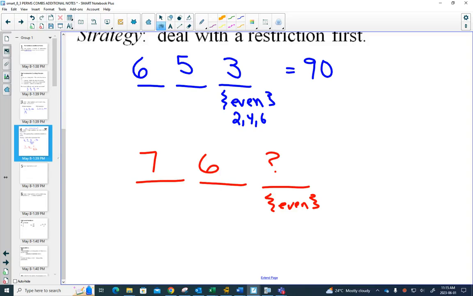I say, well, what happens if you accidentally used up the 2? You could have used up the 2. You could have used up the 4 already, but you don't know. By putting the 7 and the 6, it says you've used up 2 numbers, but you don't know which 2 numbers. So you are unable to put a number at the end. But if we do the even number first, say I'm going to put either a 2, a 4, or 6 at the end, then whatever goes after that will work out fine. So the strategy of dealing with a restriction is you do that first.